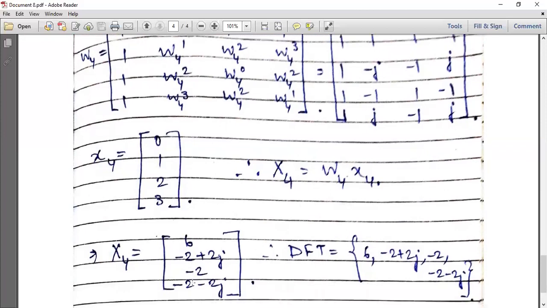The result will be a column matrix, obviously, because W4 is a 4 cross 4 matrix, and x4 is a 4 cross 1 matrix, isn't it? So 4 cross 4 into 4 cross 1 will give you obviously a 4 cross 1 matrix. So this is the value of the DFT, capital X4, a 4 cross 1 matrix.